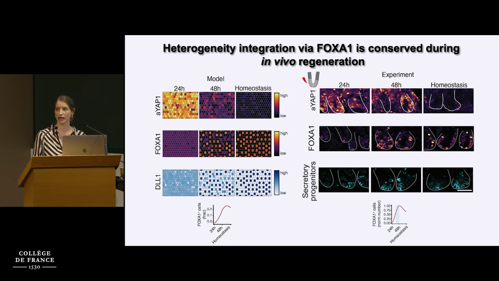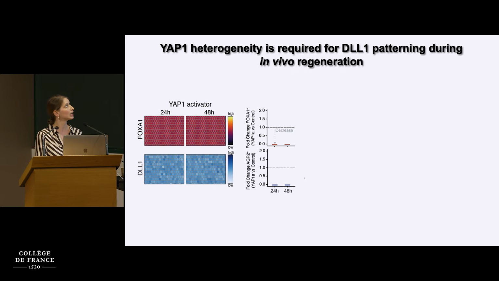But now, what would happen if we would also affect YAP activity in the in vivo case? For that, the phenotype suggested by the model was that if we increase YAP activity continuously, through 24 and 48 hours post-irradiation, we lose completely the patterning of FOXA1, but also of the secretory progenitor.